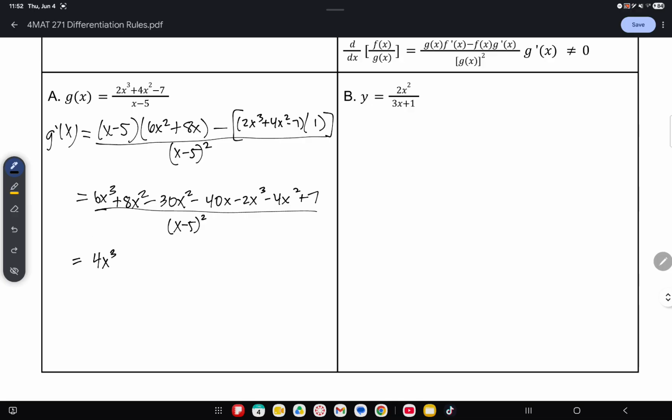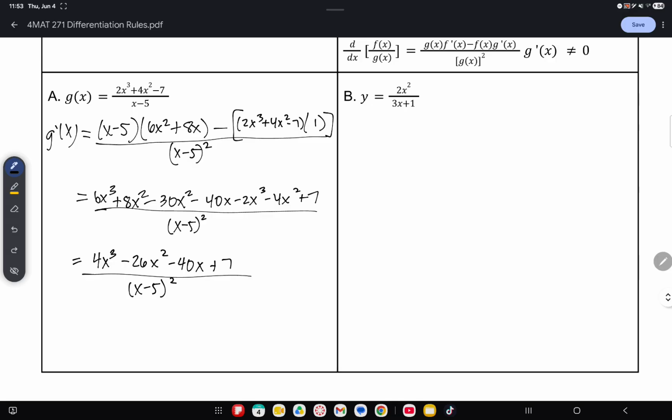So we get 4x cubed plus 4x squared. Oh, I forgot about that 30. Try again. So 8 minus 30 is what? Negative 22. And then minus 4 is negative 26x squared minus 40x plus 7 all over x minus 5 squared.